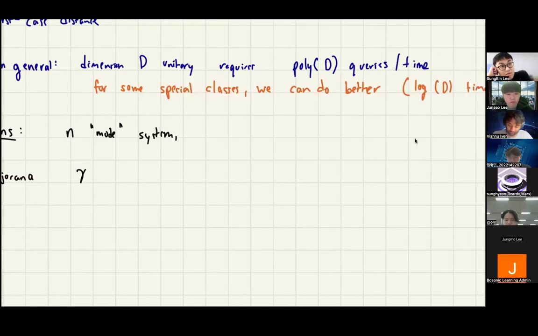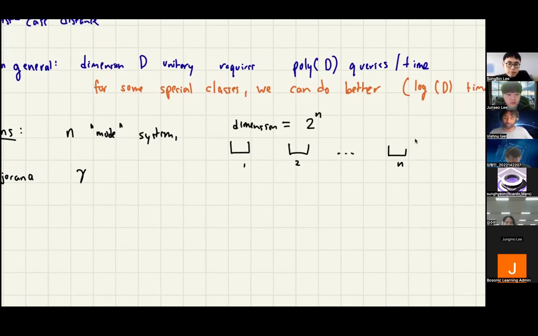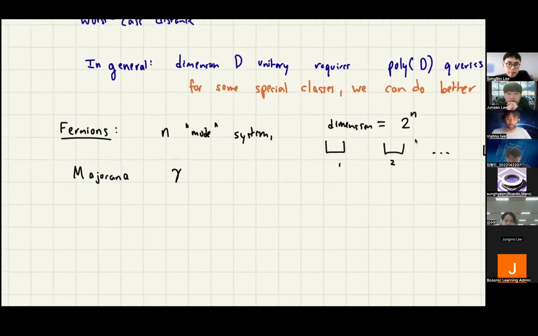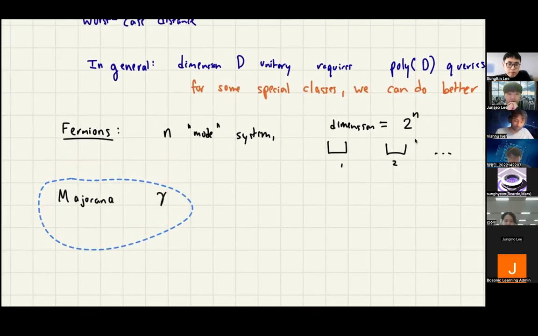This means that you have n buckets where the fermions can be, and the dimension is 2 to the n, okay? And you can define any system on n fermionic modes with these 2n Majorana operators, gamma 1, gamma 2, up to gamma 2n.